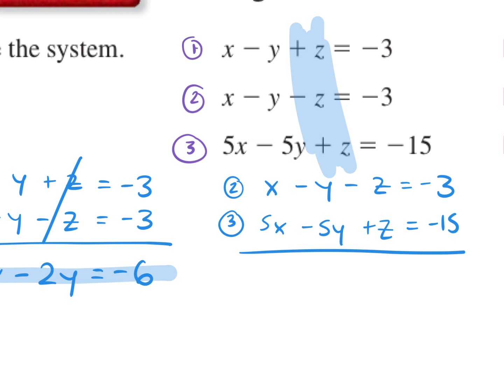Remember, we're canceling out the z's. Do the z's cancel? Yep, so we don't even have to multiply to start. What's x plus 5x? 6x. What's negative y plus negative 5y? Negative 6y. And negative 3 minus 15, negative 18.